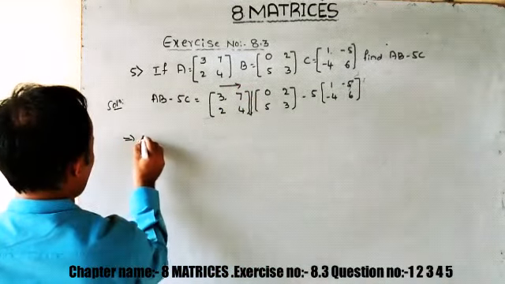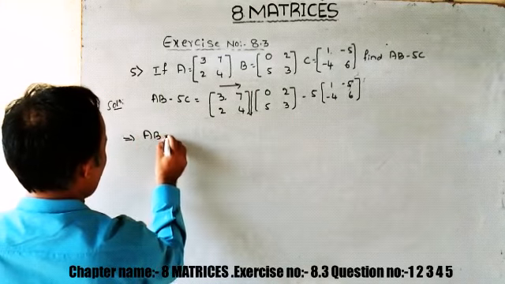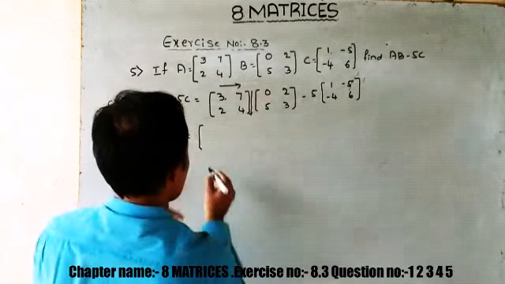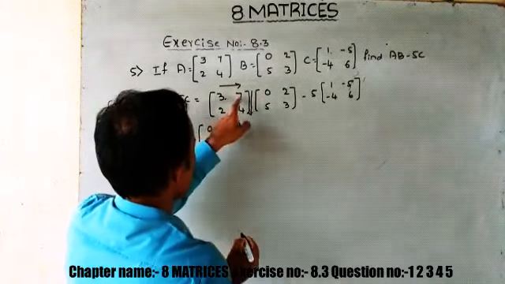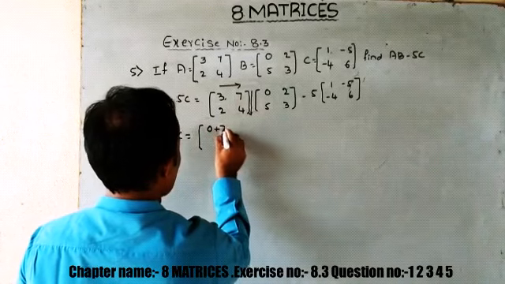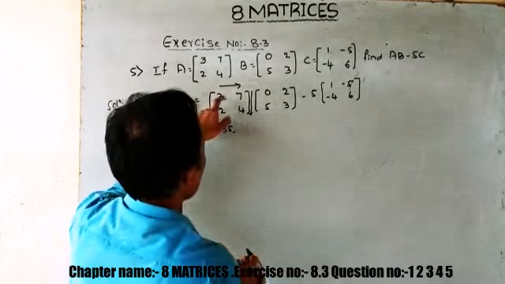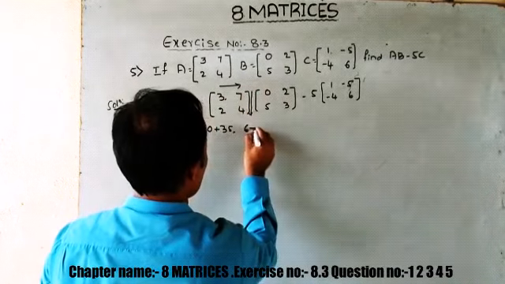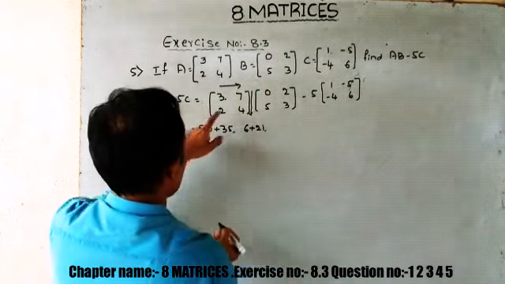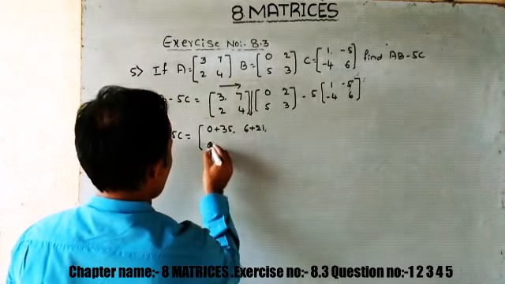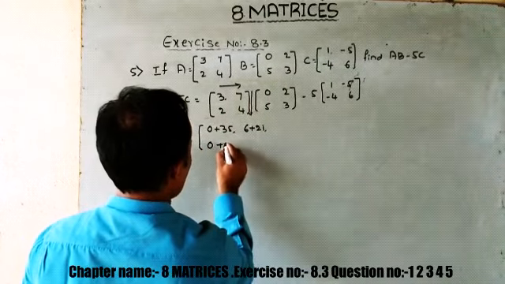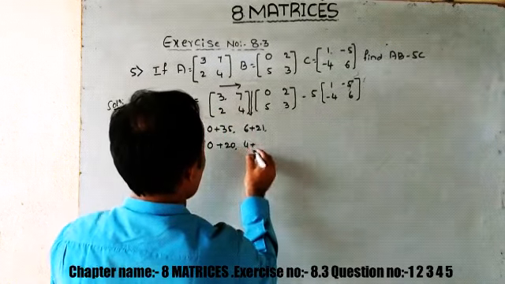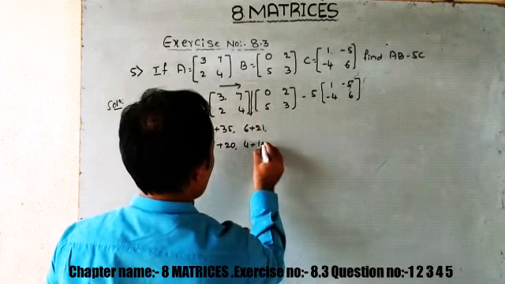So AB minus 5C is equal to 3 into 0, 0, 7 into 5, 35, plus 35. Again 3 into 2, 6, 3 into 7, 21. 2 into 0, 0, plus 4 into 5, 20, comma 2 into 2, 4, plus 4 into 3, 12.